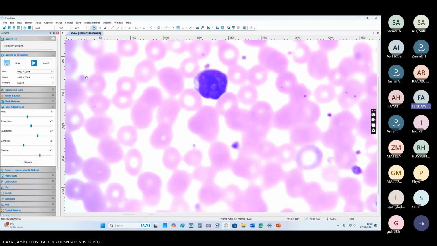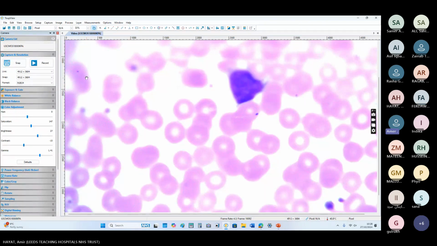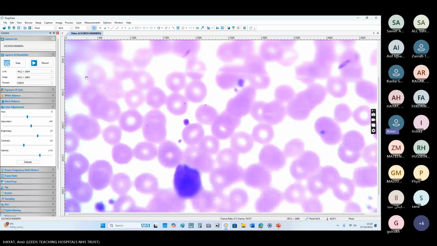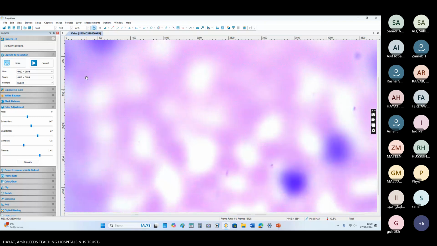But not all of them look like a cerebriform nucleus. Some of them are like CLL cells, or do you think all of them are Sézary cells? Not all of them are Sézary cells because not all of them have a cerebriform pattern. Okay, so there are some mature lymphocytes then. Yes.